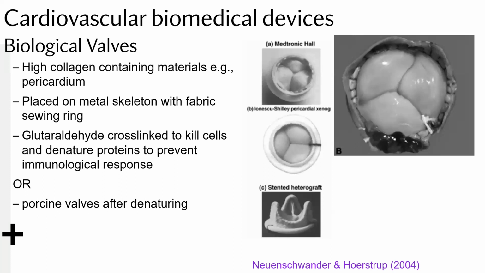valves, and then we actually do denaturing, and then we do decellularization, and we get rid of all of the native tissues. Sometimes now we're moving towards a time where we culture the human cells from that patient.